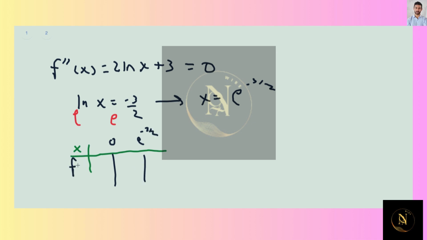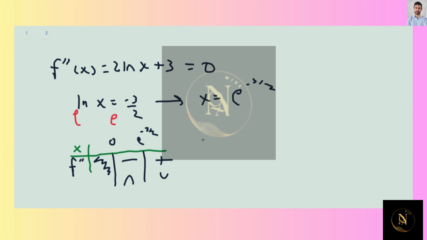We ignore any number less than 0 because the domain is greater than 0. If you plug in a value between 0 and e to the negative 3/2, you get negative. And if you plug in numbers greater than e to the negative 3/2, you get positive. Since it's negative, that is concave down, and this is concave up.